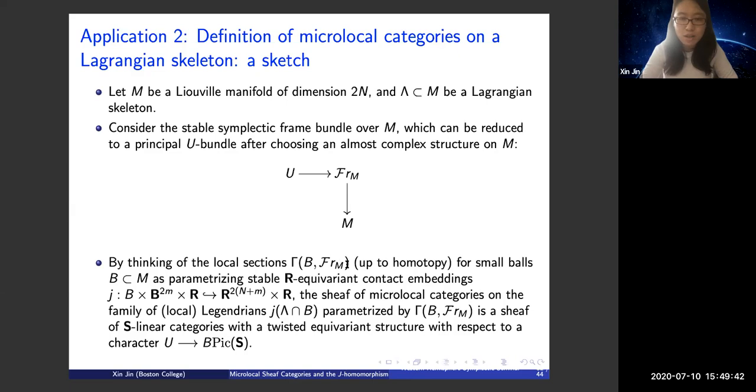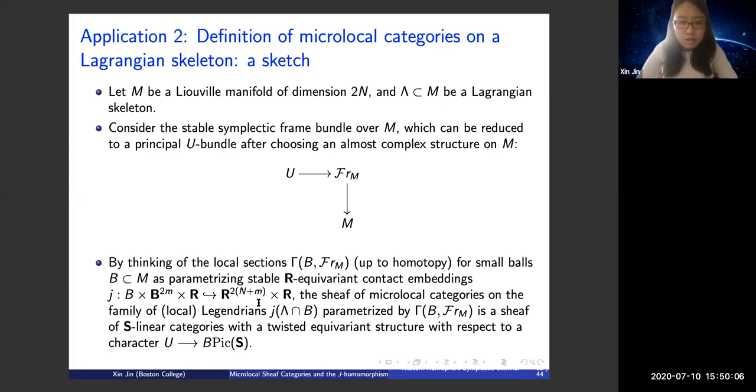So maybe you choose a better replacement for this space. So this parameterizes stable R-equivariant contact embeddings from this ball into the standard symplectic space, or maybe the contact version.